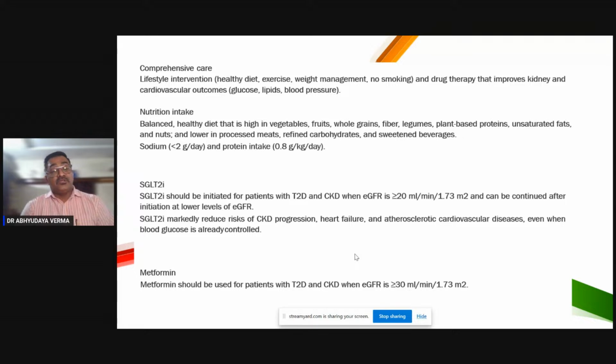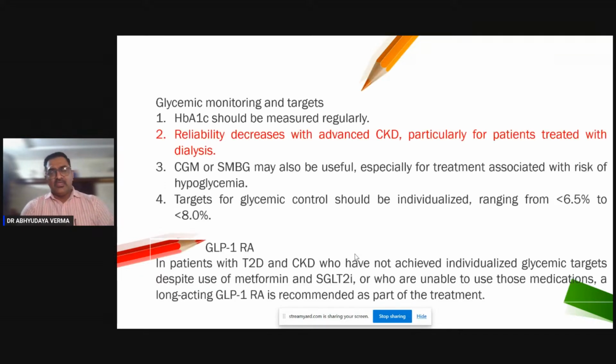And a small word about metformin. It can be used. It's not a totally banned drug for DKD patients, but only if the EGFR is more than 30. I would say less than 45, reduce the dose to half, and less than 30, don't use it again.